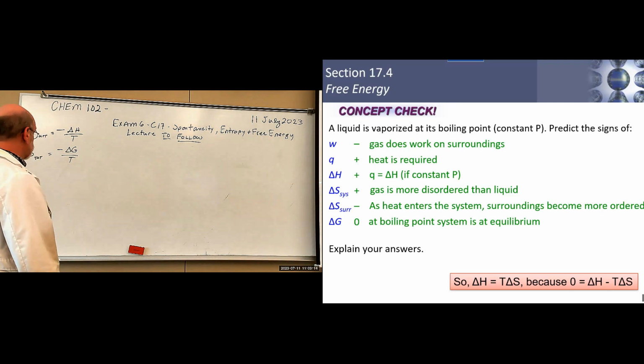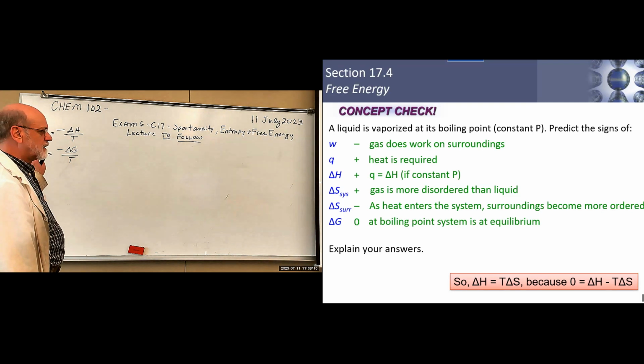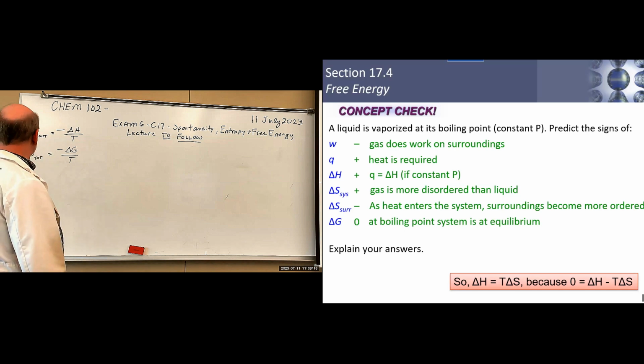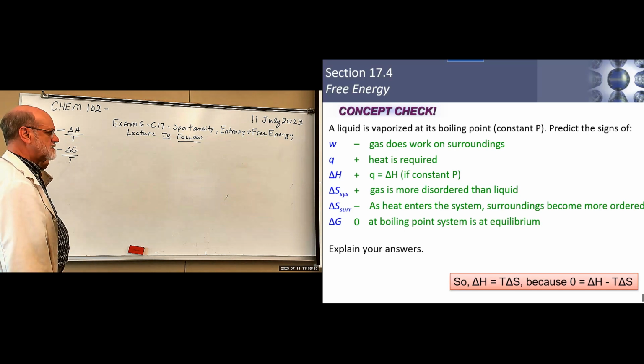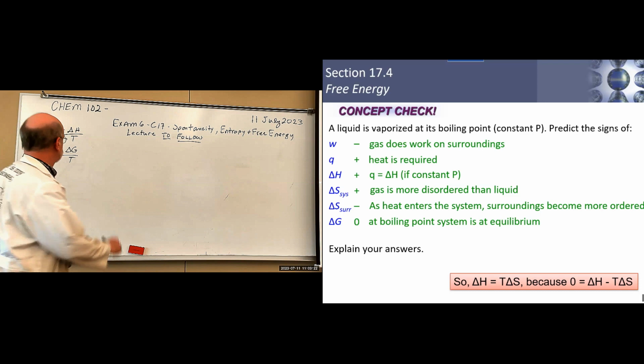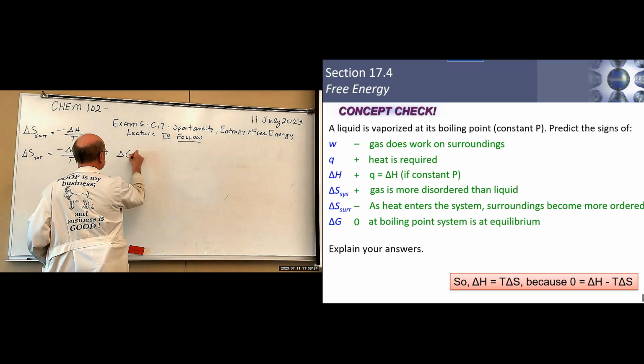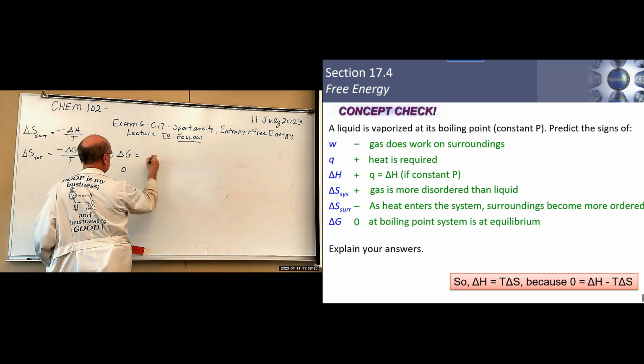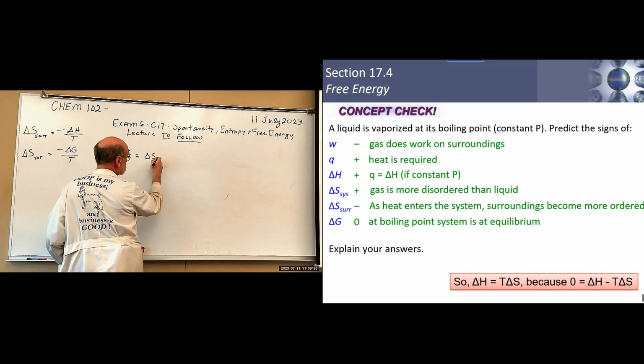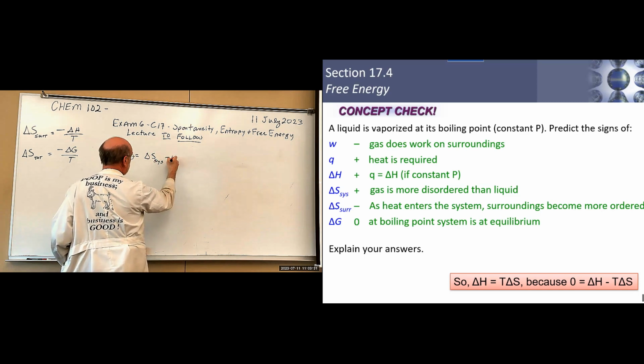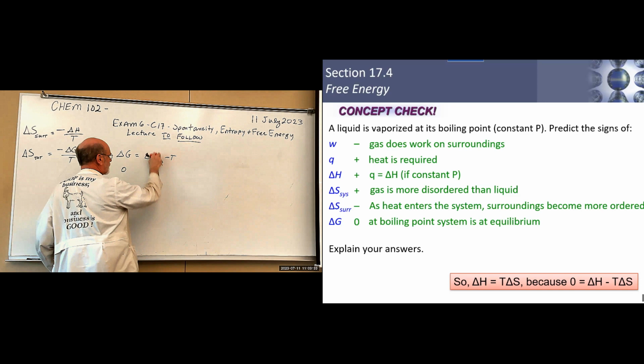Okay, so in that case, if delta G is equal to 0, then that's equal to delta H minus T delta S system, remember, system.